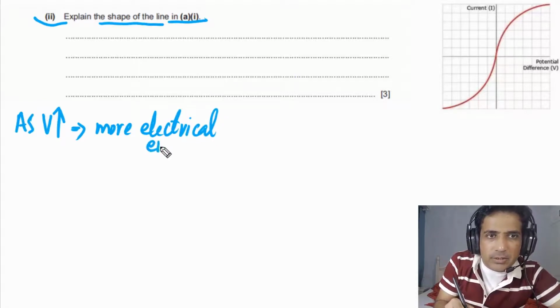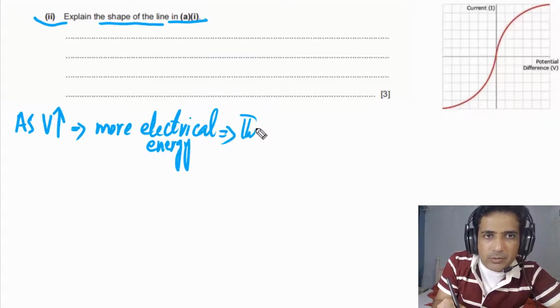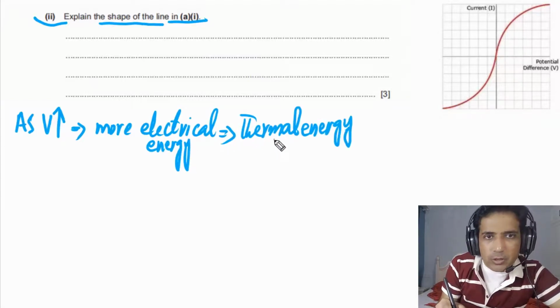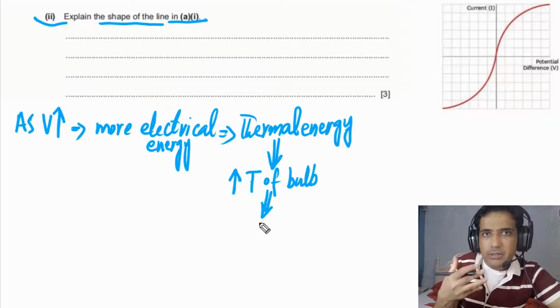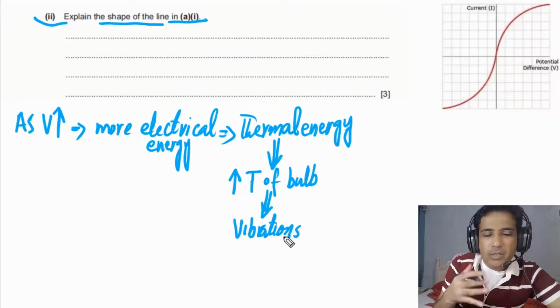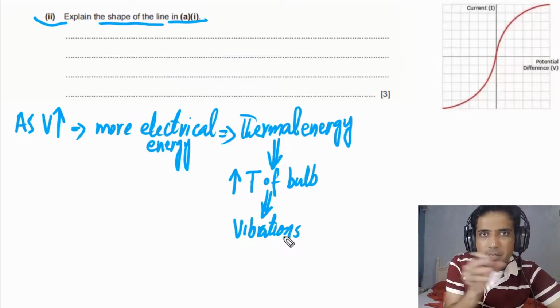More electrical energy is converted into thermal energy. As more thermal energy is produced, it means the temperature of the filament lamp rises. So we can say the temperature of the bulb, or the filament lamp, increases. As the temperature of the filament lamp increases, it simply means that vibrations of ions increase. It means ions vibrate faster.